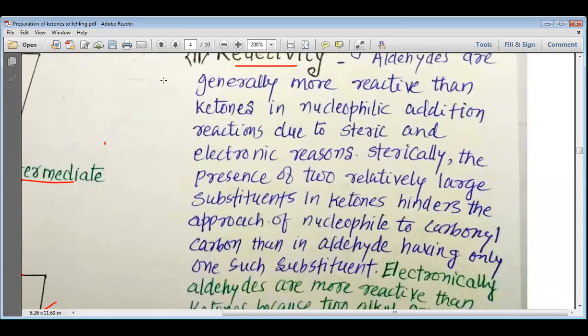Now, my dear students, we need to understand the reactivity. We understand the reactivity in two manners. The first is the reactivity based on steric reasons, and the second one is electronic.